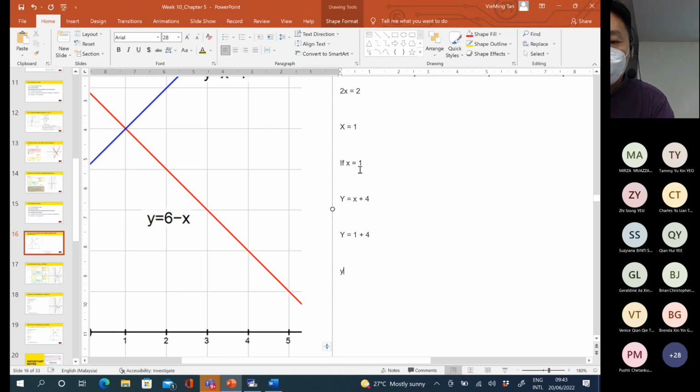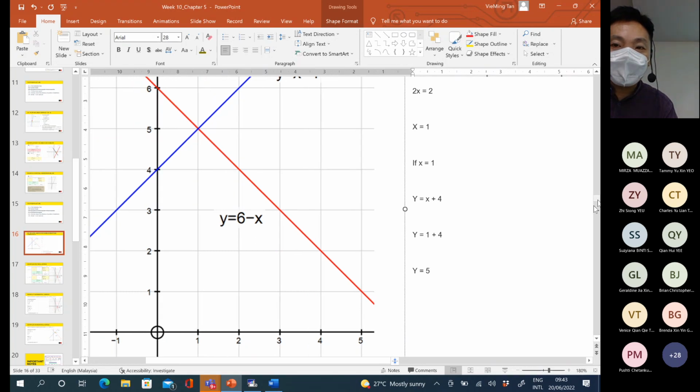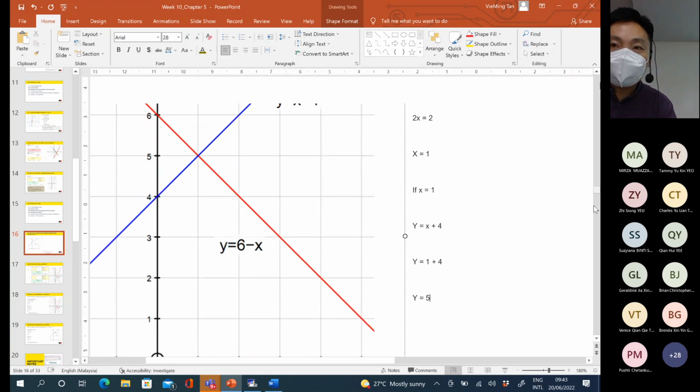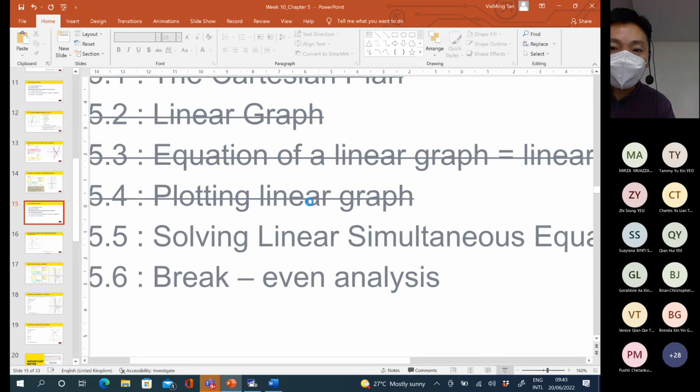So y is equal to positive 5. Let us check whether it's true by comparing with the graph. x is 1, y is equal to positive 5.